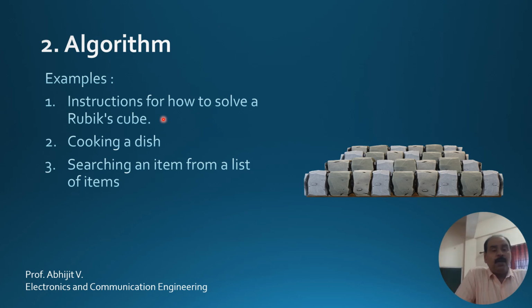So, examples of the algorithmic approach towards problem solving. The first one I told you: instructions for how to solve a Rubik's cube. The next one is cooking a dish, given in your textbook which is shared with you in PDF format. If you want to cook a dish, step one, you will collect all the ingredients. Second step, you will take them in their proportion. And third, you will start heating it, boiling it, or use an oven.